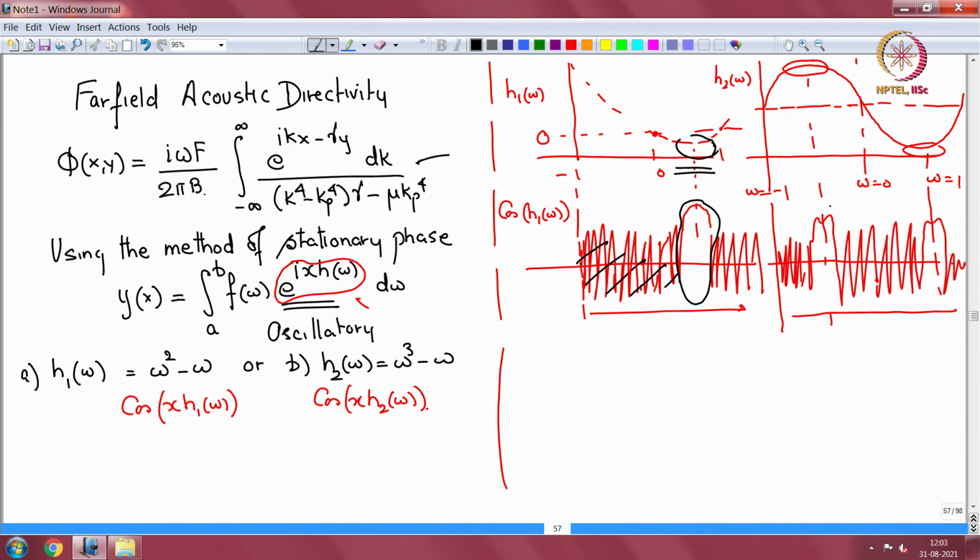Here the function slows down in its oscillations, and here the function slows down in its oscillations. Everywhere else the oscillations cancel each other. So if you integrate, the contribution will come from here and here. That's the idea of the method of stationary phase.